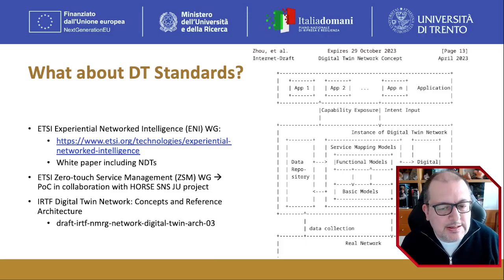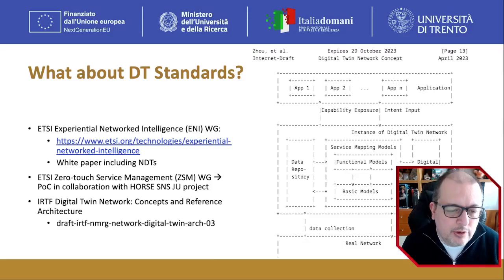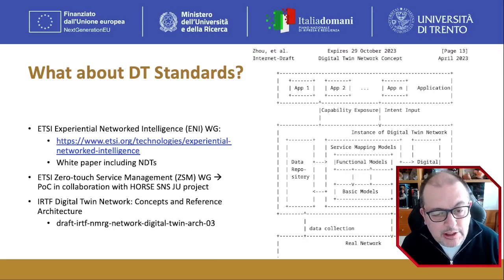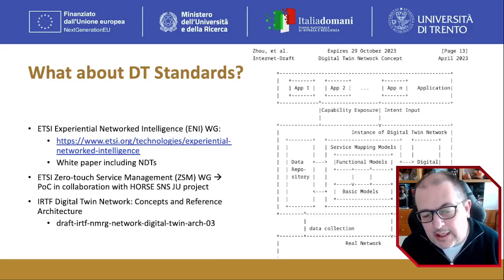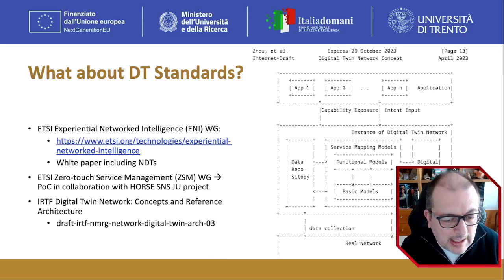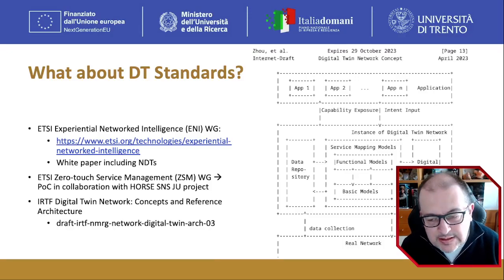About standards, we contributed to ETSI in the ENI working group by proposing the integration of network digital twins within the Experiential Network Intelligence architecture proposed by ETSI, and we collaborated on a proof of concept with the ETSI Zero Touch Service Management Working Group to demonstrate, together with the ORS SNSJU project, how a network digital twin can be used for analyzing what-if scenarios in security applications.